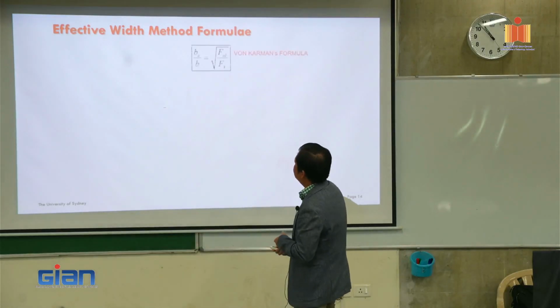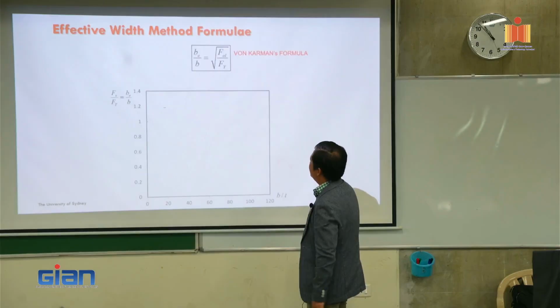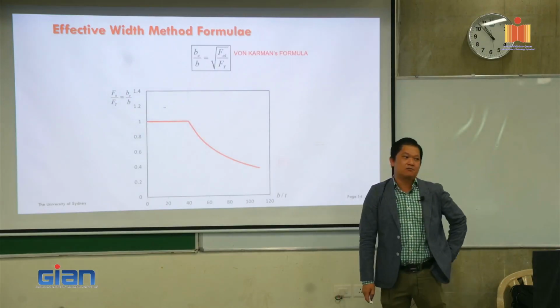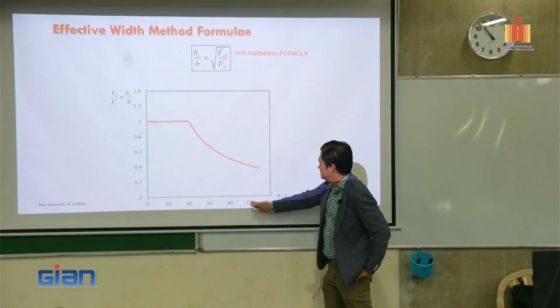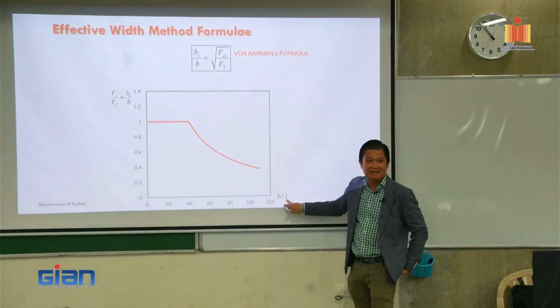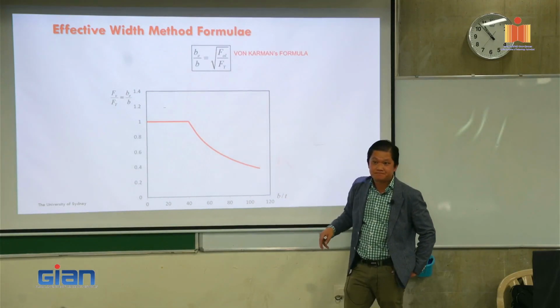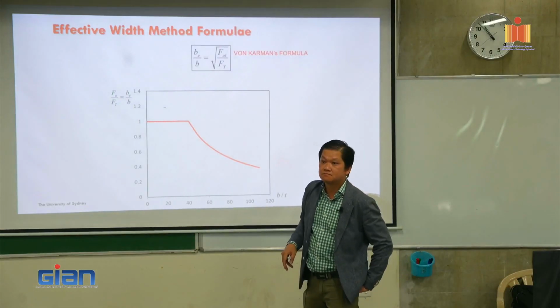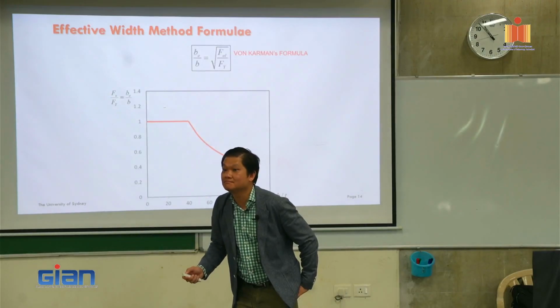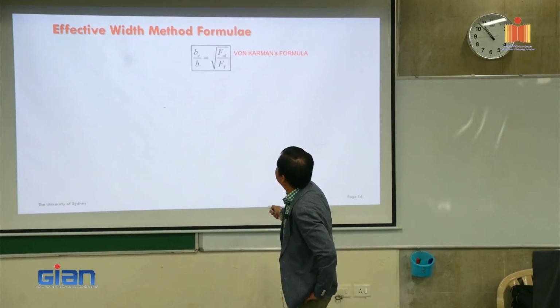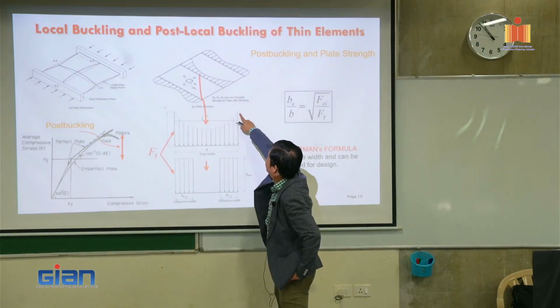So he suggests this equation, and when you look at the graph here, the horizontal axis is b on t. Yes? What does F max mean? F max is the maximum at the edge.